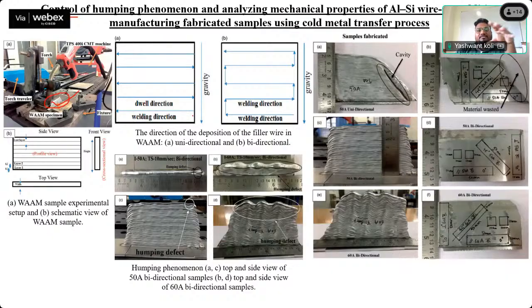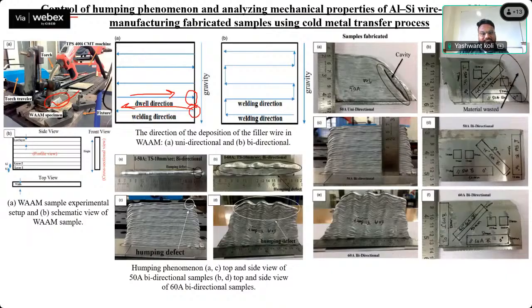Path strategy is very important, whether we go for a unidirectional or a bidirectional path strategy. Unidirectional means we start from this position and go towards the left direction, and then the torch comes back to the same starting side without welding or layering of the bead.